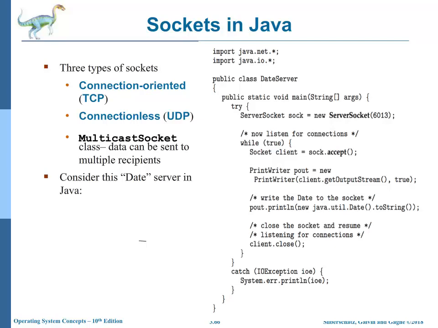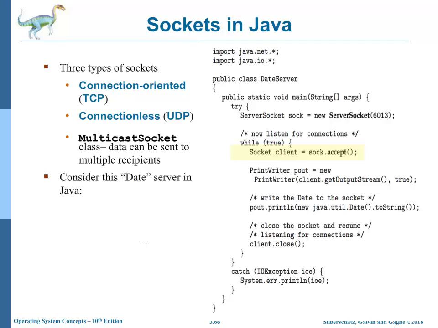The server creates a ServerSocket object that specifies that it will listen on port 6013. The server then begins listening to the port with the accept method. The server blocks on the accept method, waiting for a client to request a connection.